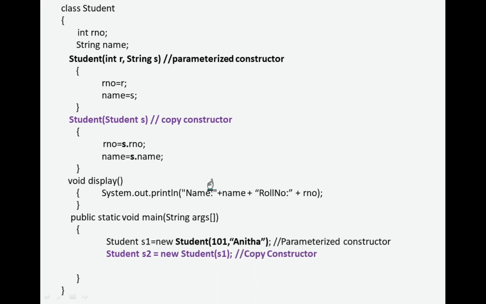A copy constructor will be invoked, so the value 101 and the name Anita will be assigned to this RNO and name. Next, what are we going to do? We are going to display the values of RNO and name by simply invoking the display method.